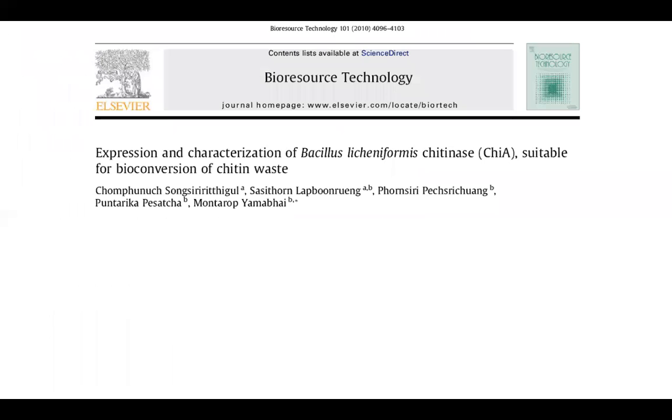So we published a paper in Bioresource Technology about the expression and characterization of the enzyme chitinase from Bacillus licheniformis that is suitable for bioconversion of chitin waste.